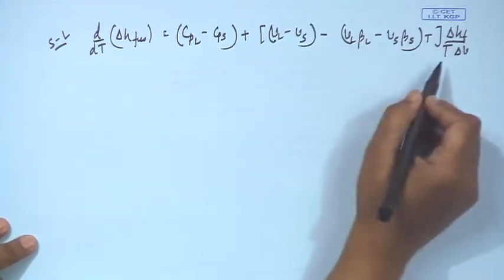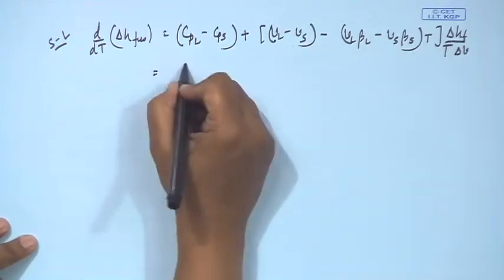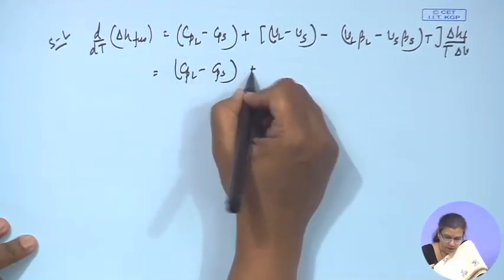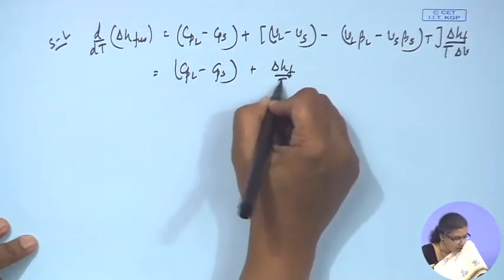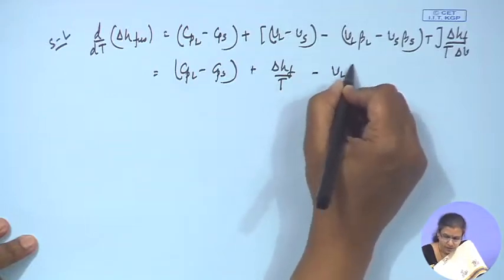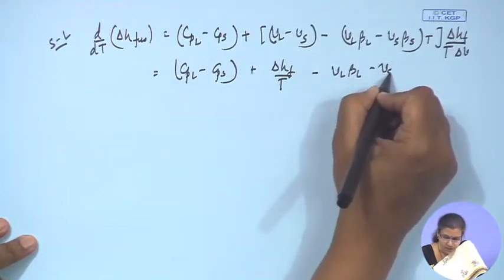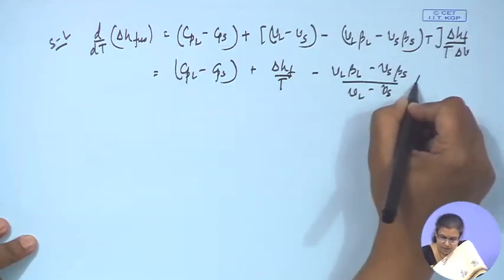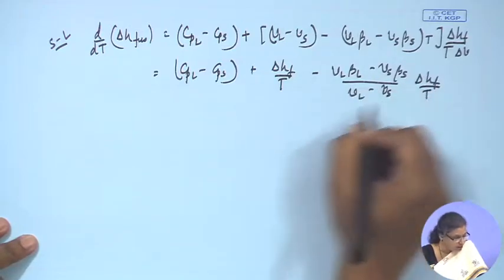From where again if I start substituting, I get CPL minus CPS plus delta HF by T minus VL beta L minus VS beta S by VL minus VS delta HF by T.